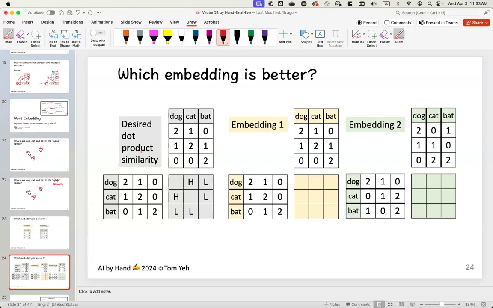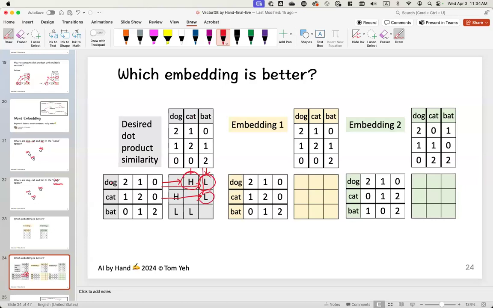The desired dot product similarity is that we want the dot product between dog and cat to be high. The dot product between dog and bat we want to be low. And the dot product between cat and bat we want to be low too.